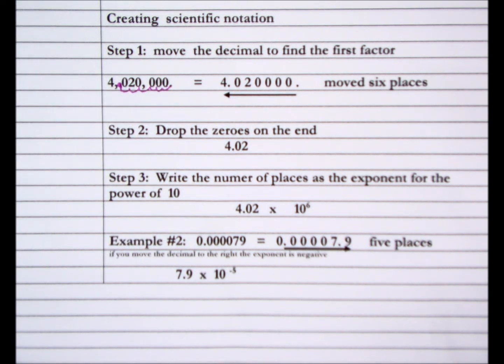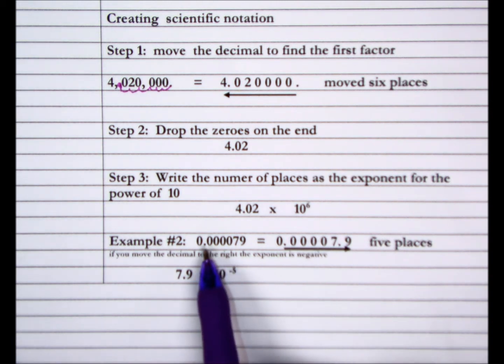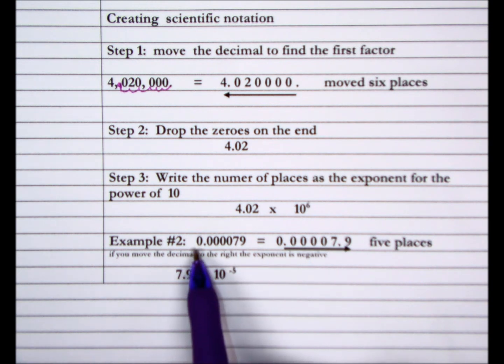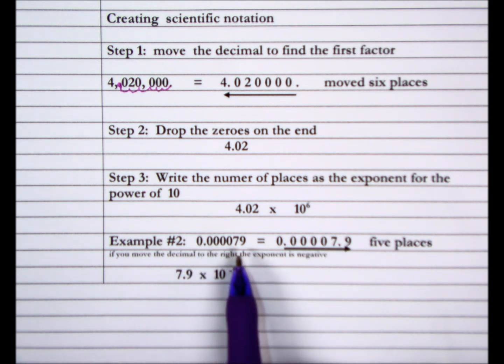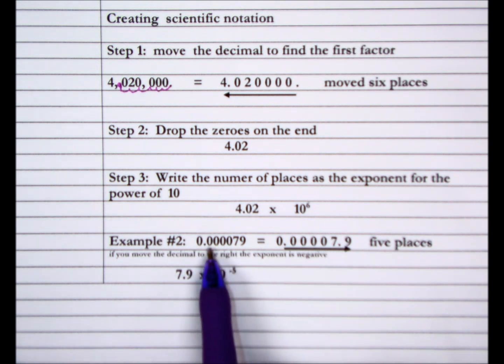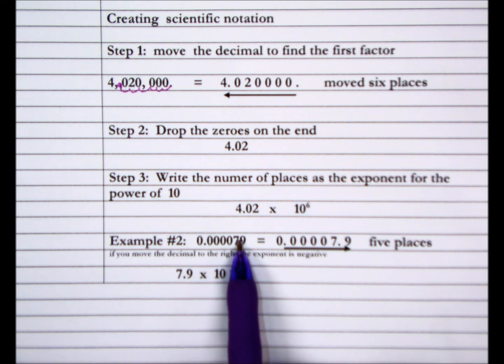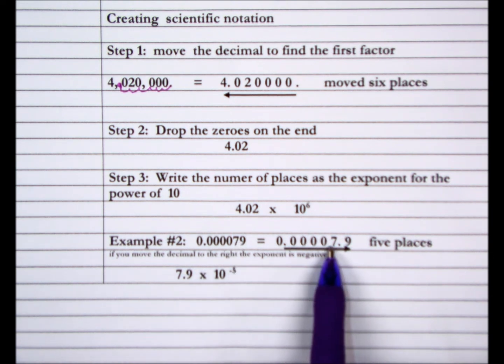So again, we have to move the decimal place until we get to the first factor being 1 or greater and less than 9. So this time we're going to be moving to the right. So we have 1, 2, 3, 4, 5. After the 5th one, we have 7.9.